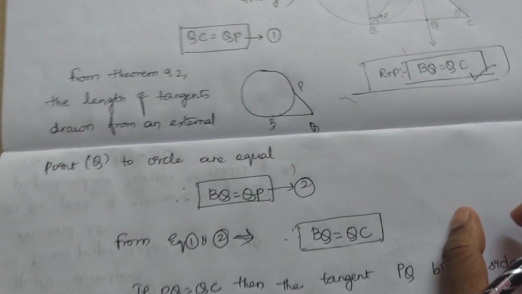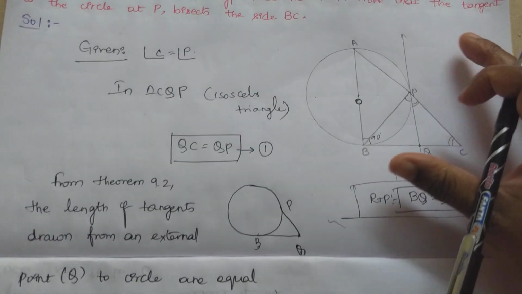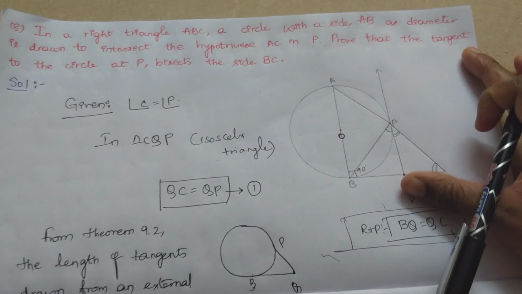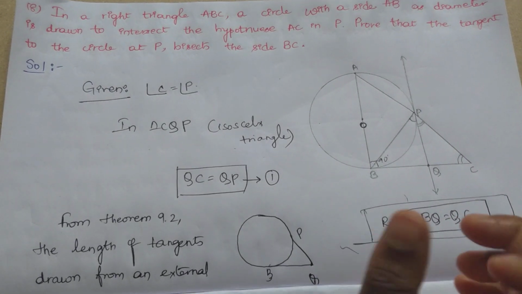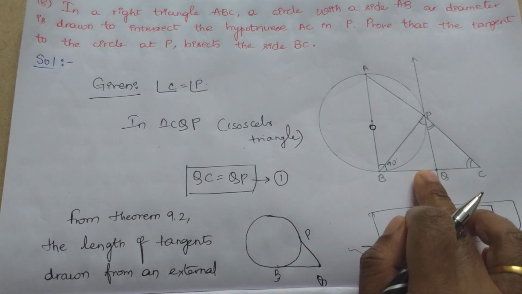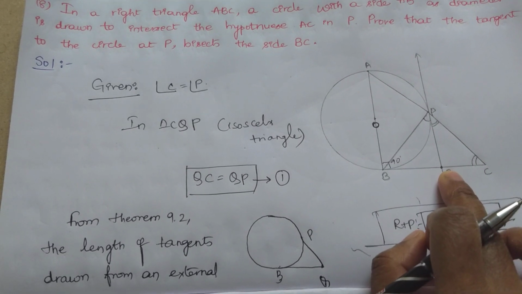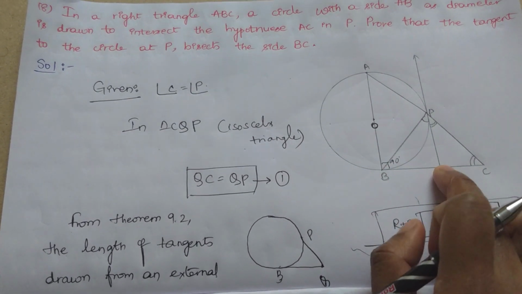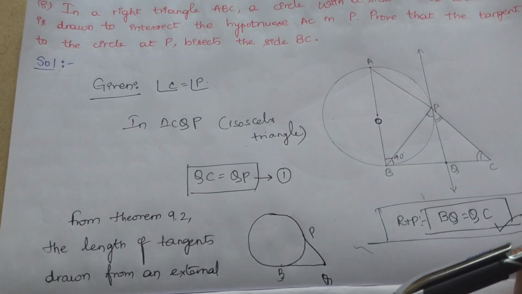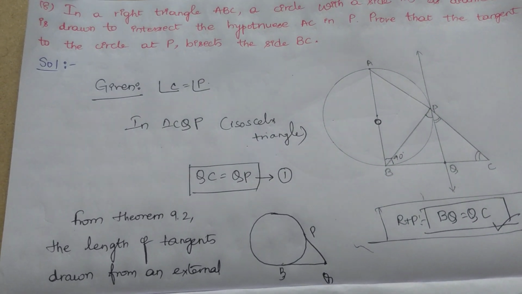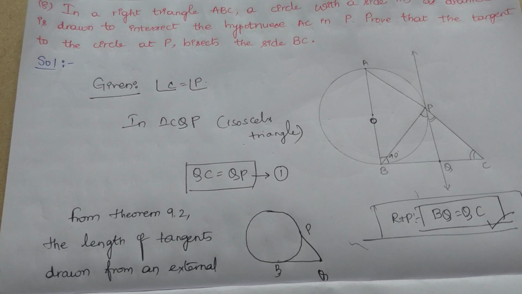We got this. See, this is very simple. In the question it is very big, but it's solved with this small logic. What is that logic? You have to take Q as an external point. From that you can equate BQ equals to QP. After that, in the figure they have given two angles are equal. It means that their opposite sides are equal, since it is an isosceles triangle.